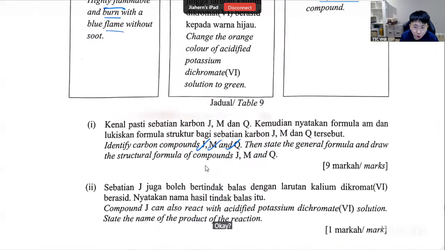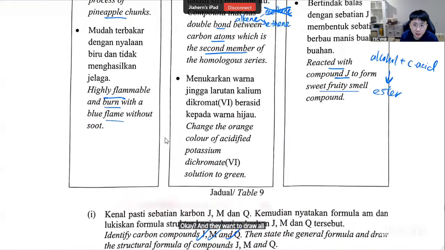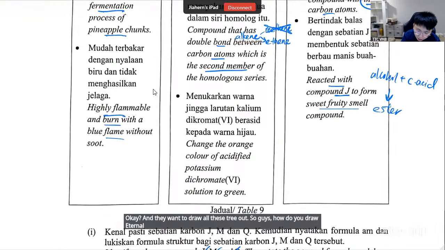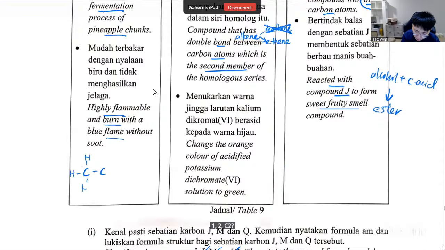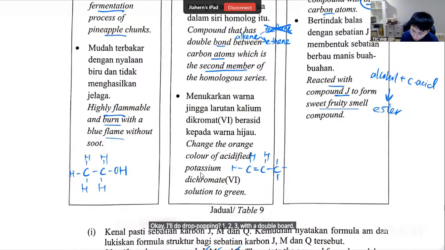Okay, and they want you to draw all these 3 out. So guys, how do you draw ethanol? Ethanol is 1, 2, C2H5OH. How do you draw propene? 1, 2, 3 with a double bond. How do you draw propanoic acid?